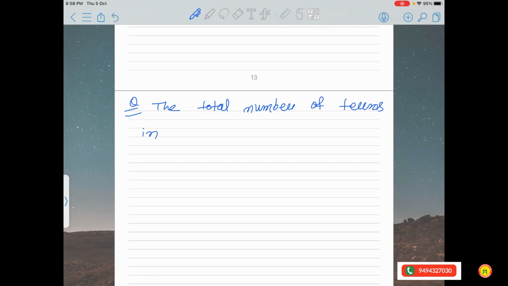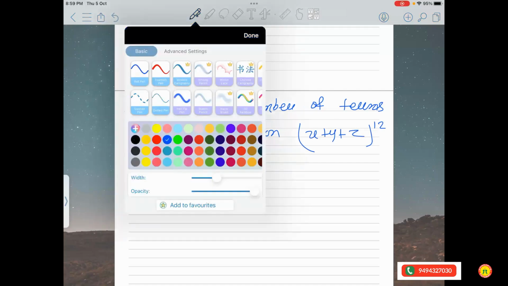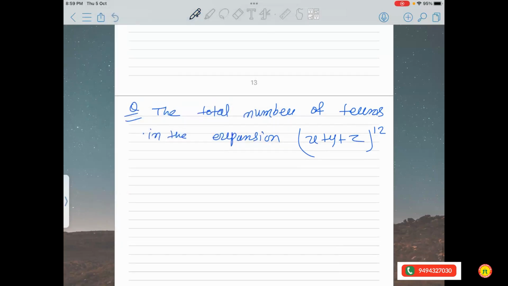in x plus y plus z to the power 12. So your answer for this question will come from the formula n plus r minus 1 C r minus 1.